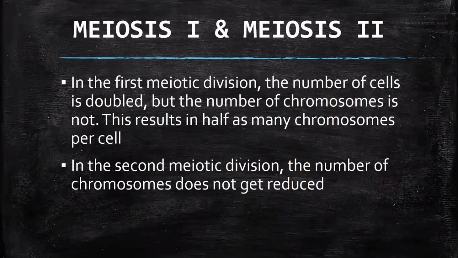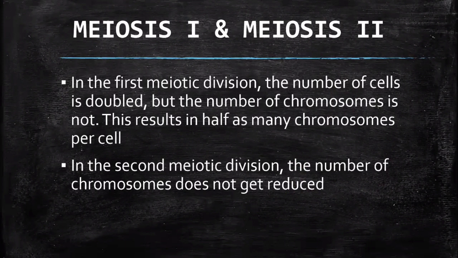Now, as I've stated, meiosis consists of two cell divisions, meiosis I and meiosis II. What happens during the first meiotic division, or meiosis I, is that the number of cells is doubled, meaning one cell will form two cells. But the number of chromosomes in the cell is not doubled.